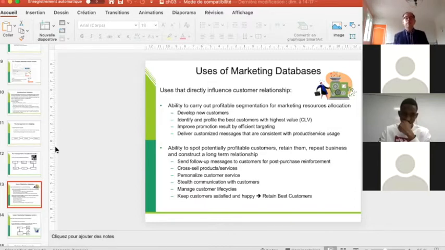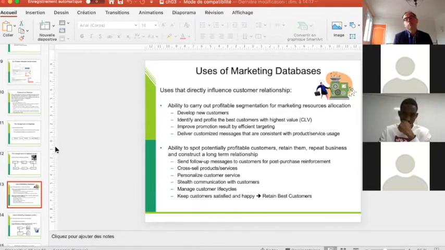Next step, you're able to spot potentially profitable customers in order to make them more loyal and to construct a long-term relationship. By sending follow-up messages through chatbots, for example, all this can be automatized, or by doing post-purchase reinforcement. For example, on Amazon, once you have done a transaction, you get a satisfaction survey about the website.